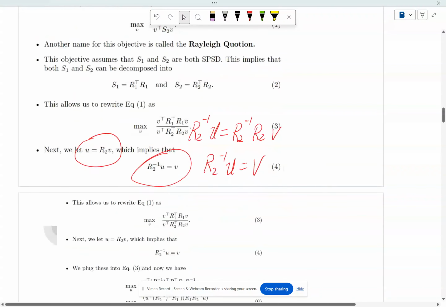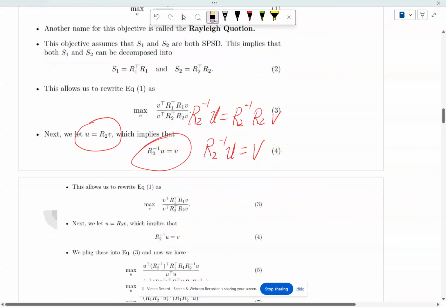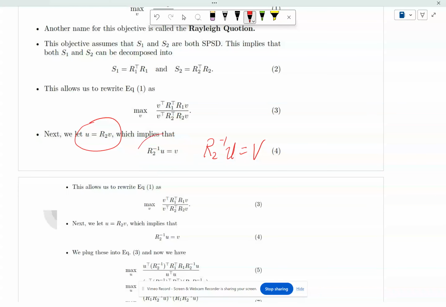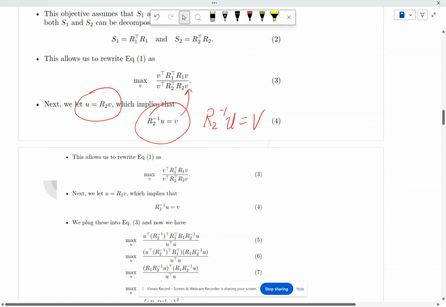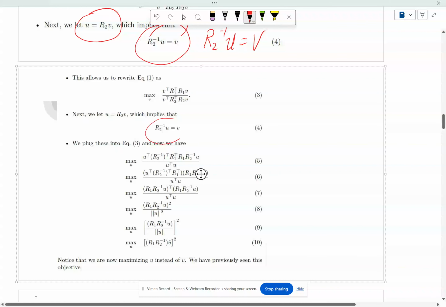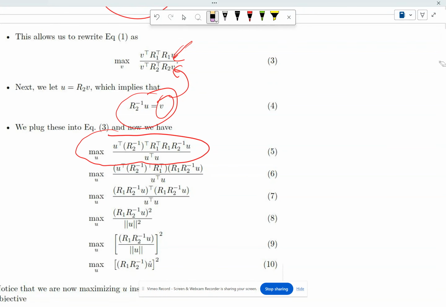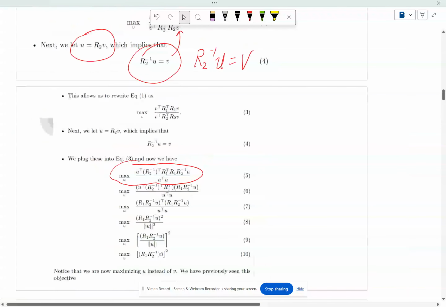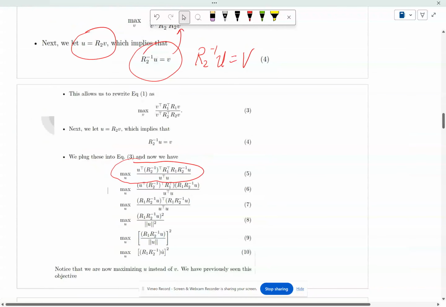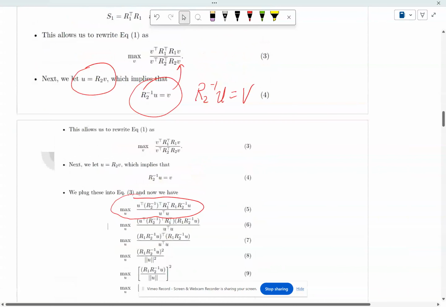Now, why is that interesting? Well, we're now going to plug this V in here. If I plug the V into all the V's here, then we end up getting this expression. So let's write this out.